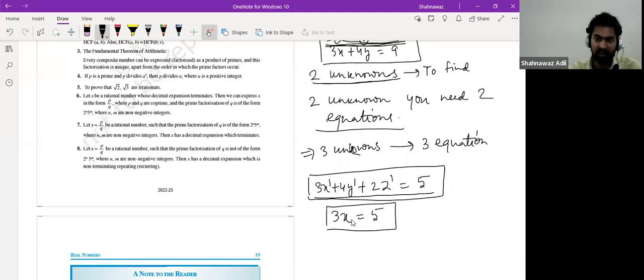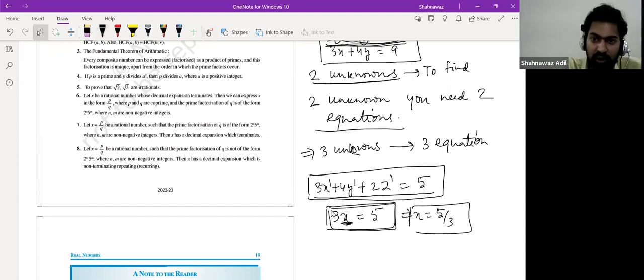So this is a linear equation in one variable, right? To solve x, you only need one equation, so you can find the value of x as 5 by 3. So to solve one unknown, you only need one equation.